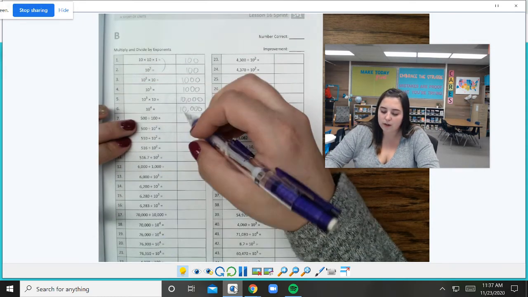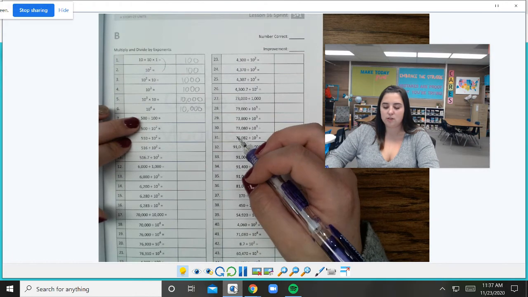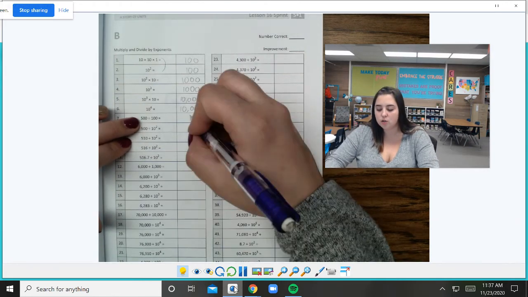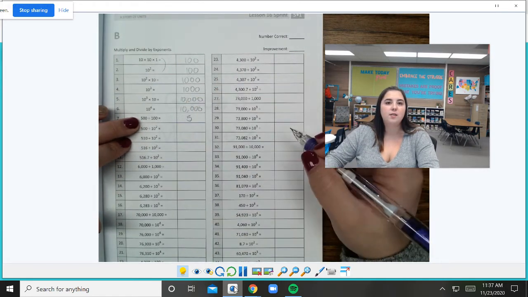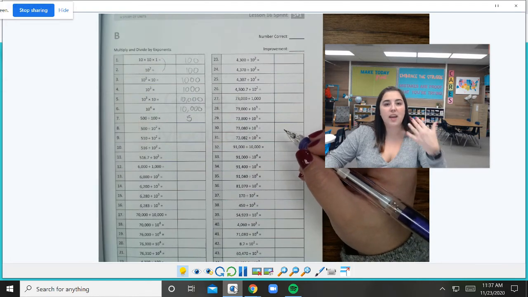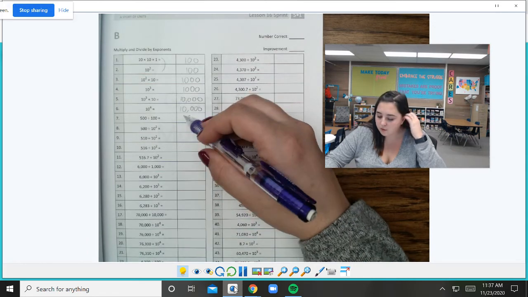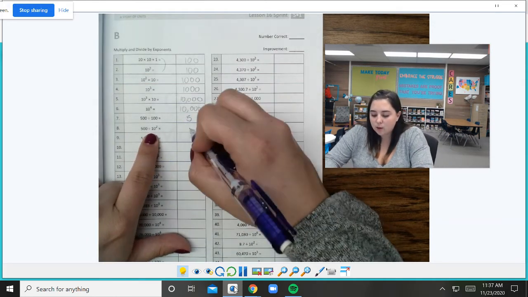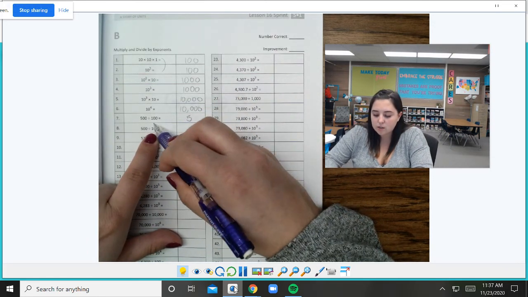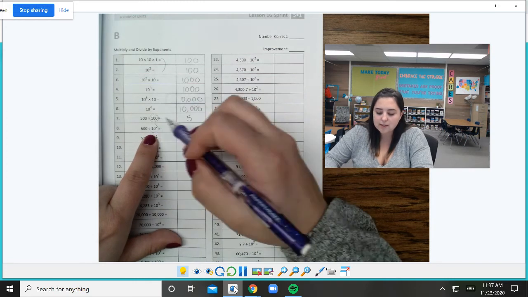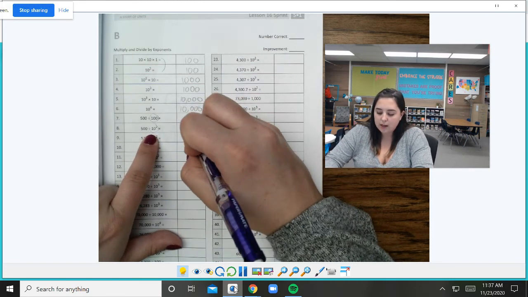So this first one, 500 divided by 100 should just be 5. It's like 5 anythings divided by 1 anything would just be 5. And that same thing would be here because 10 squared is the same thing as 100. So number 8 is also 5.